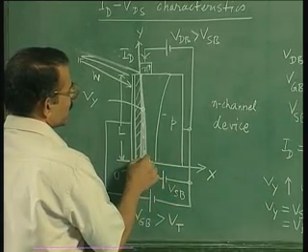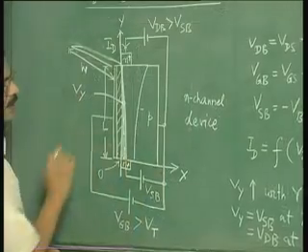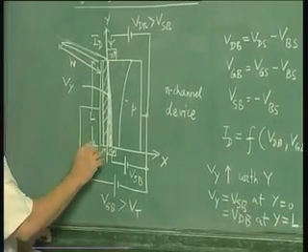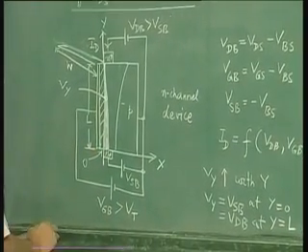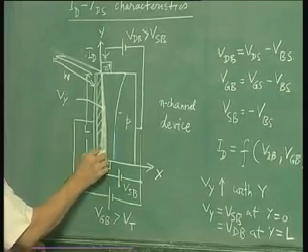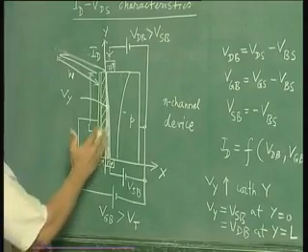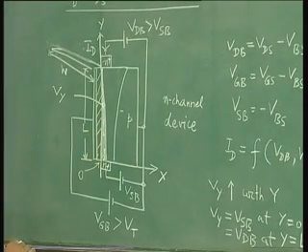So the inversion charge at the source will reduce, but the depletion charge will increase. Now what is of interest to us is the inversion charge, because that carries the current. If inversion charge decreases at the source, it will decrease everywhere, and so the resistance will be more and the current will be less.